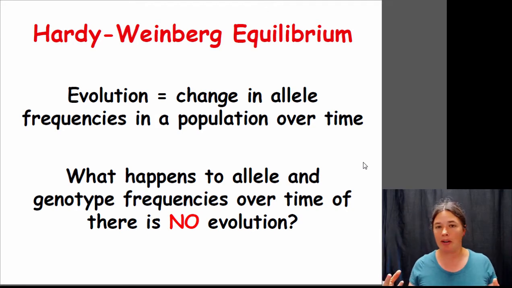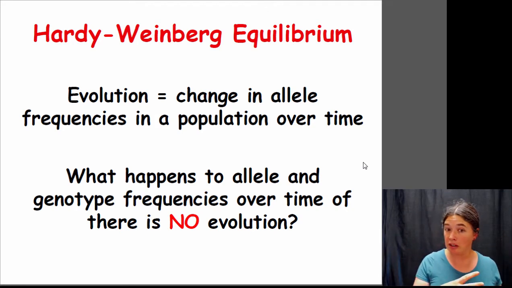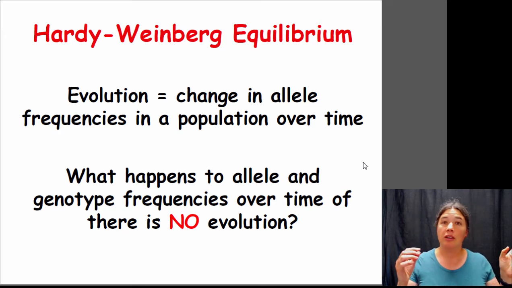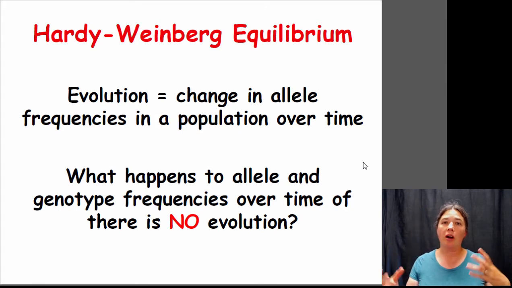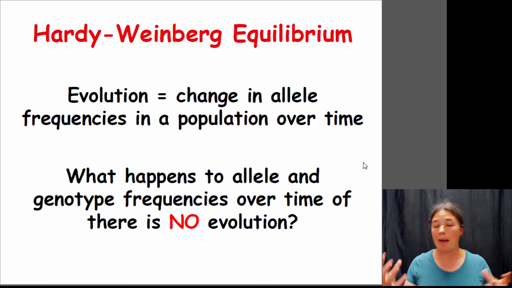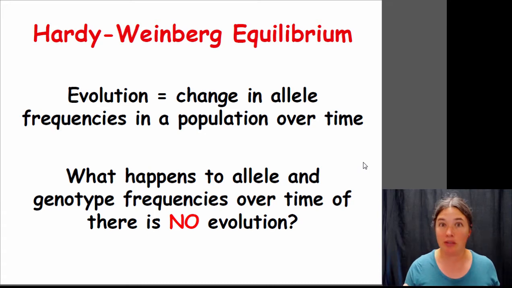And if you think about it, if evolution is change in the allele frequencies, then in the absence of evolution, there should be no change, right? And so the Hardy-Weinberg equilibrium allows us to predict what's happening in the population if there's nothing interesting going on, if there's no change and nothing is being influenced, okay? So that's what you expect to have happen when nothing interesting is going on.